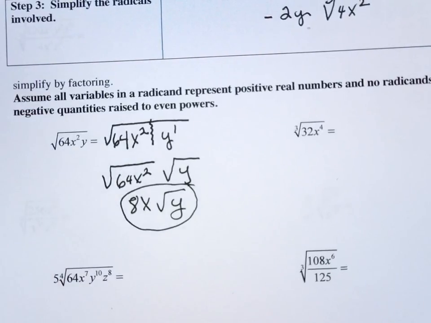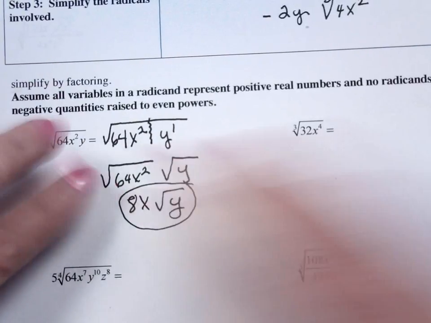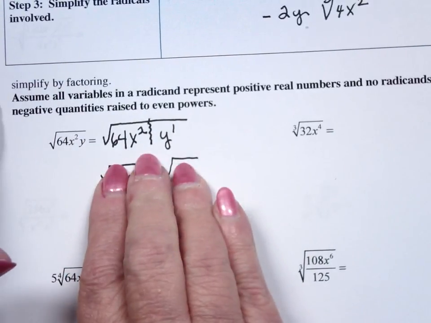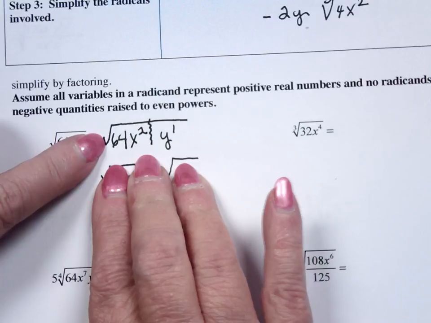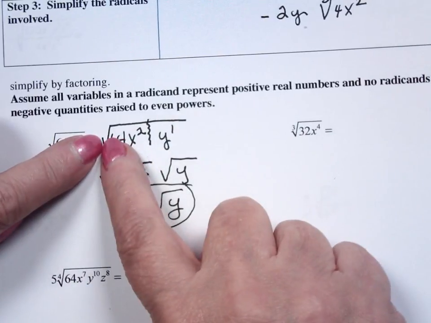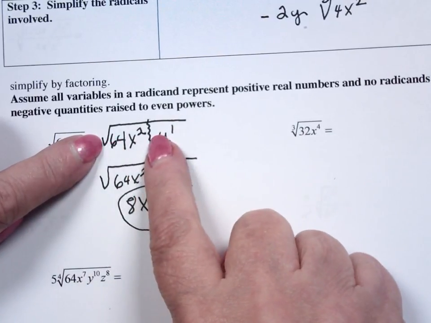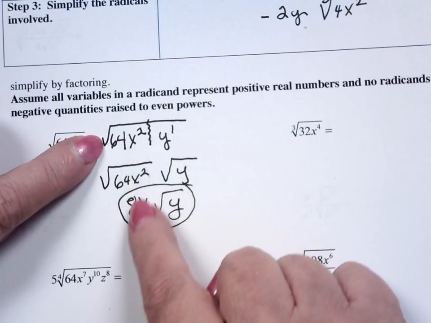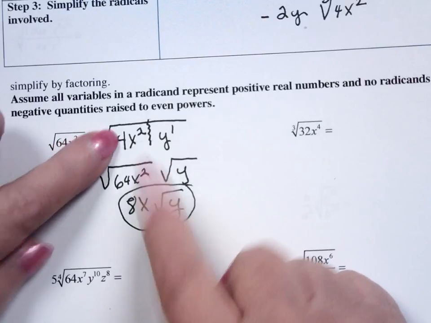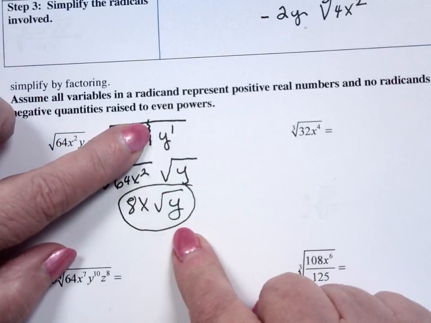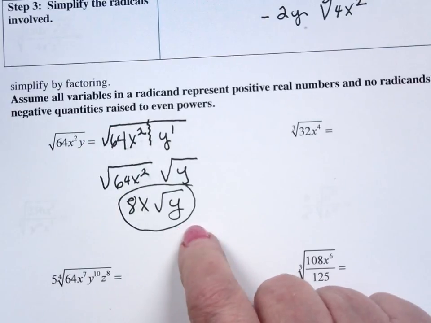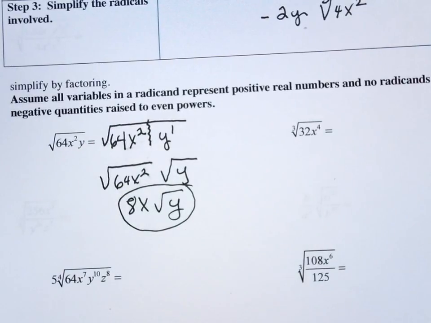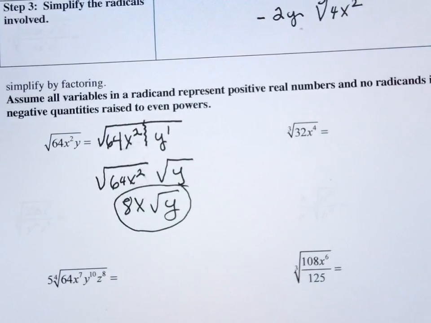Now, when I do the problem myself, I normally stop here, and then I pretend like I'm taking this square root and I push it back to that bar, and as I push it back, it performs the root. The square root of 64 is 8, the square root of x squared is x. It stops right there, and it gives me this. That's kind of how I look at it.